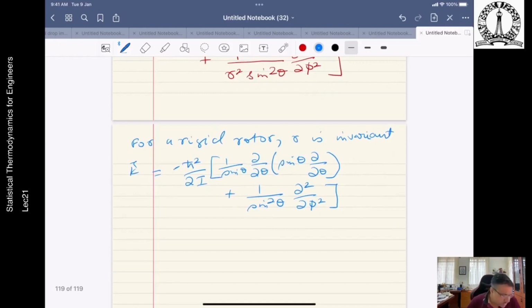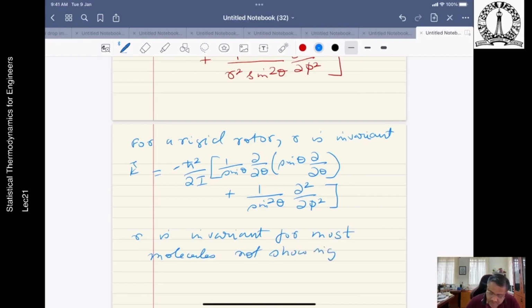R is invariant for most molecules, molecules not showing any vibrational motion.